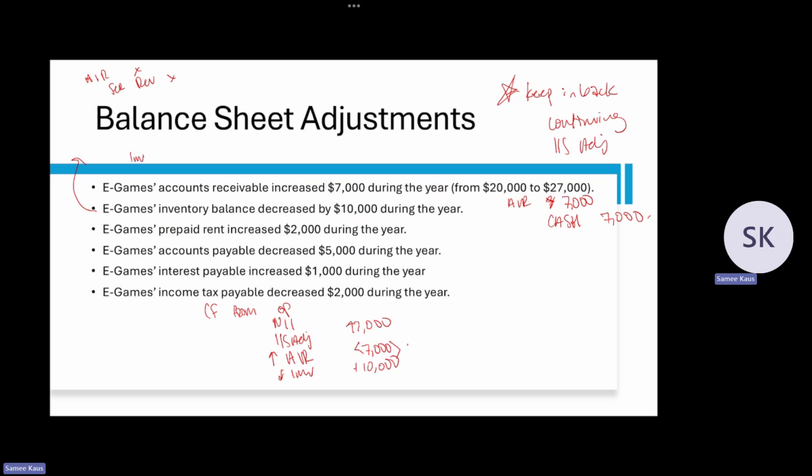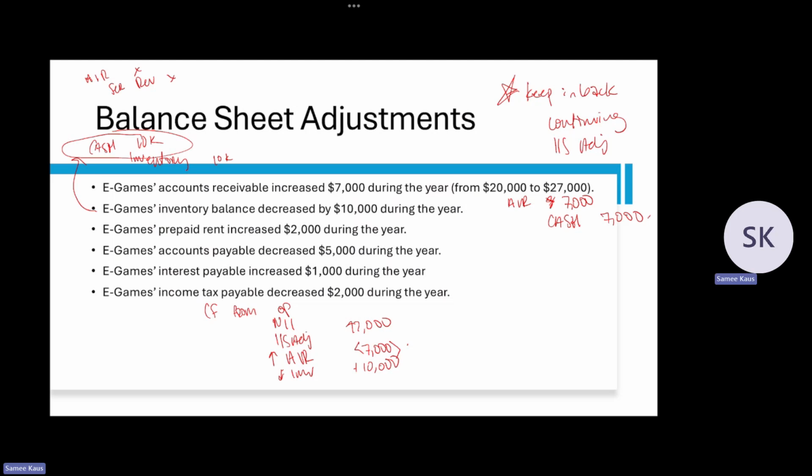So my inventory balance is an asset, so I have my inventory going down by 10,000. I'm going to plug cash and I'm going to say, okay, I need to add that back. Okay. So if my inventory balance decreased by 10, what that means is I went through the process of selling these products to customers, and customers were giving me cash for this inventory that I'm selling them.